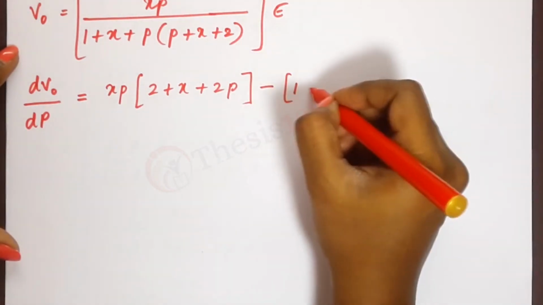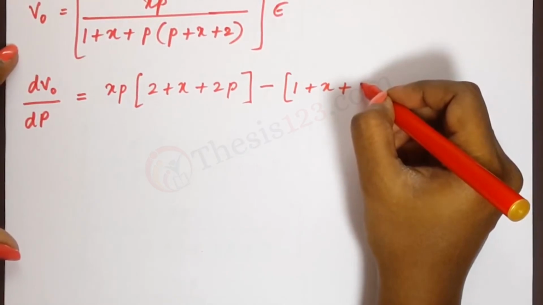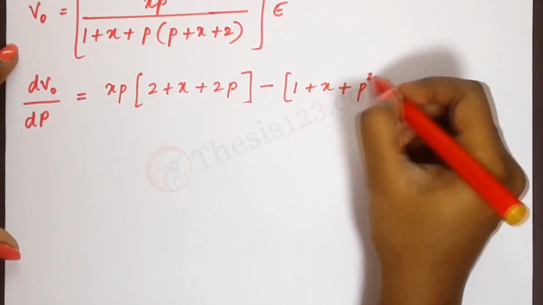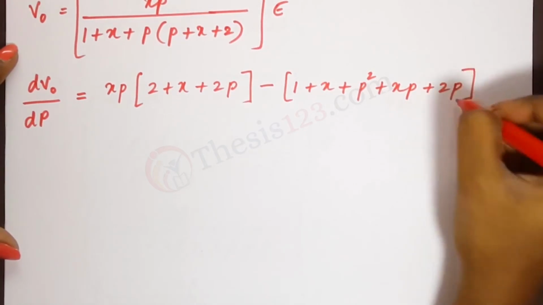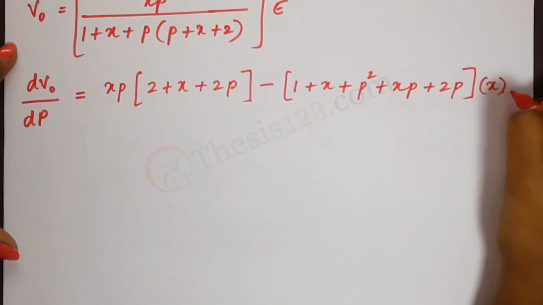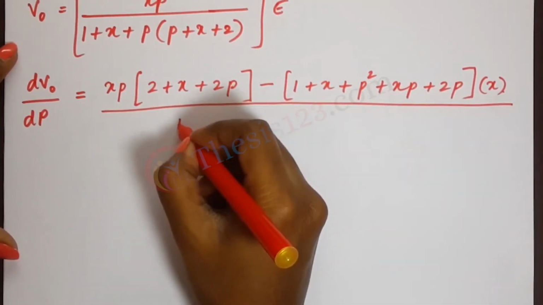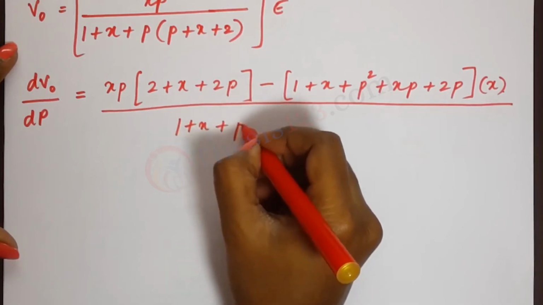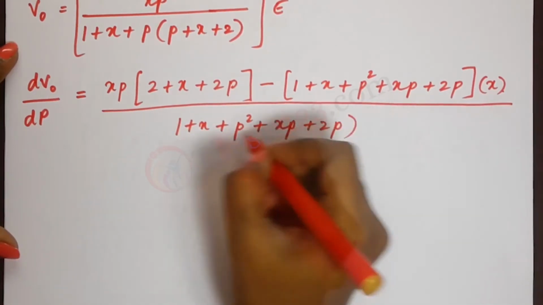Minus the denominator, 1 plus X plus P square plus XP plus 2P, into the differentiation of the numerator, which is just X, whole divided by the denominator square.